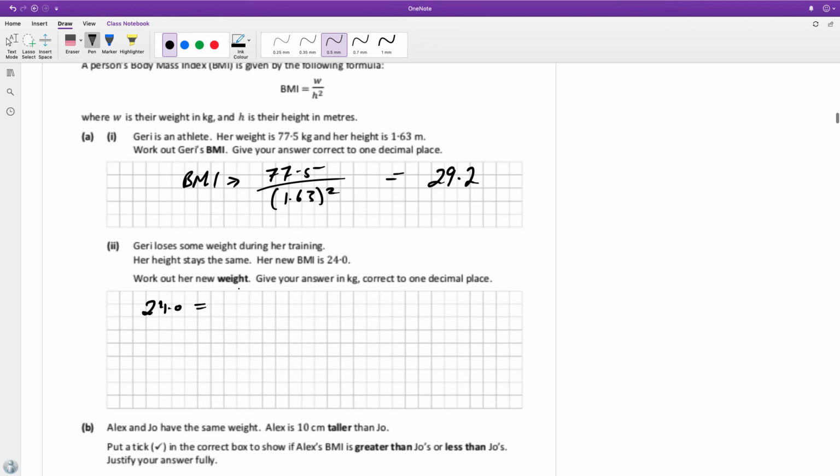Is equal to? 24.0 is her BMI, but what's it equal to? Someone's not doing their algebra.